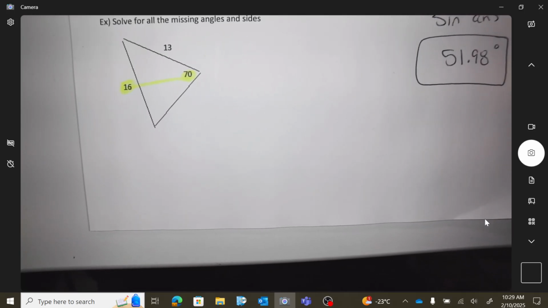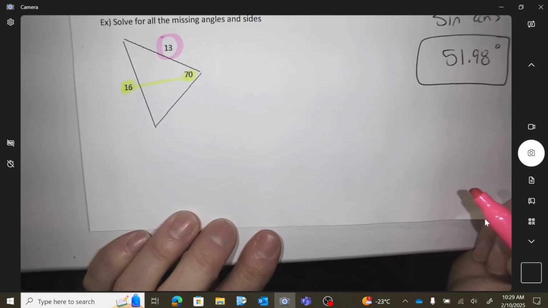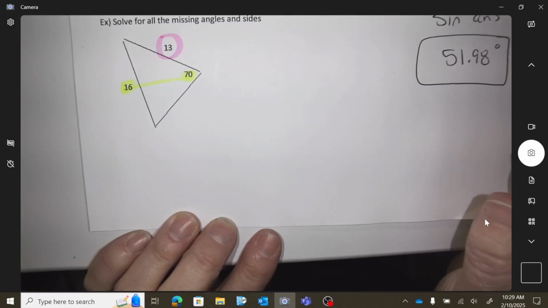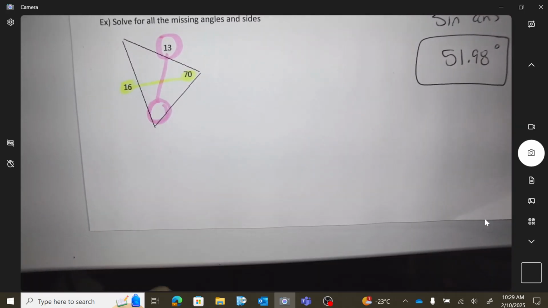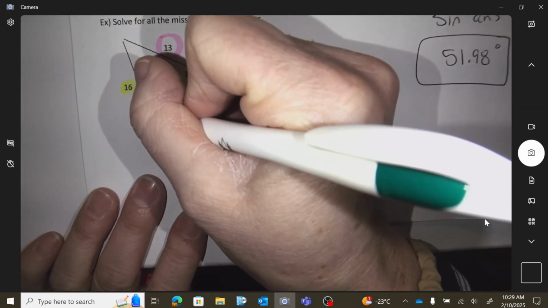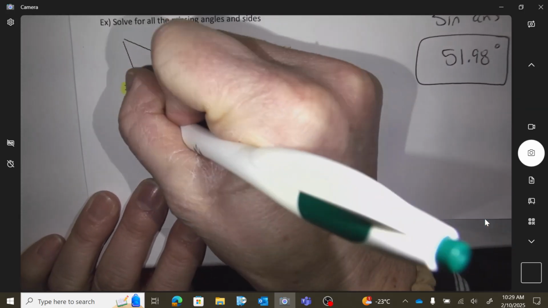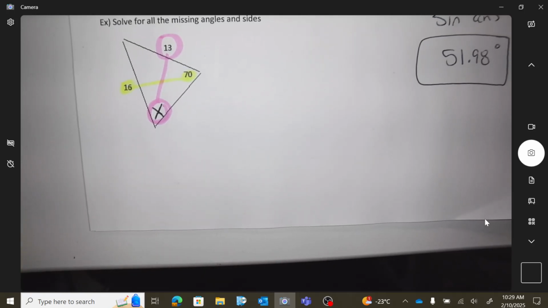Okay, so now I have this 13 is a side. So which angle would it pair to? Can we give it a letter? I don't care what letter we give it. You guys, let's go crazier than ABC. X. Okay, X. All right.